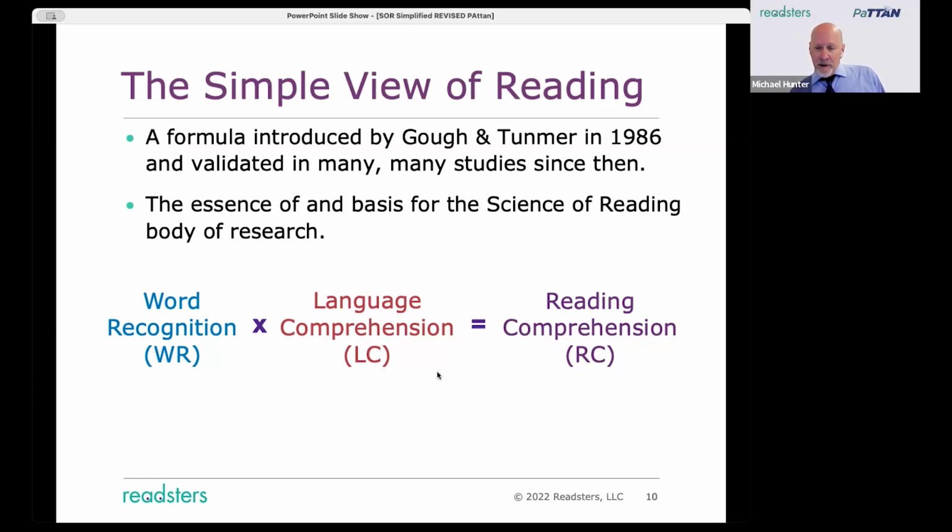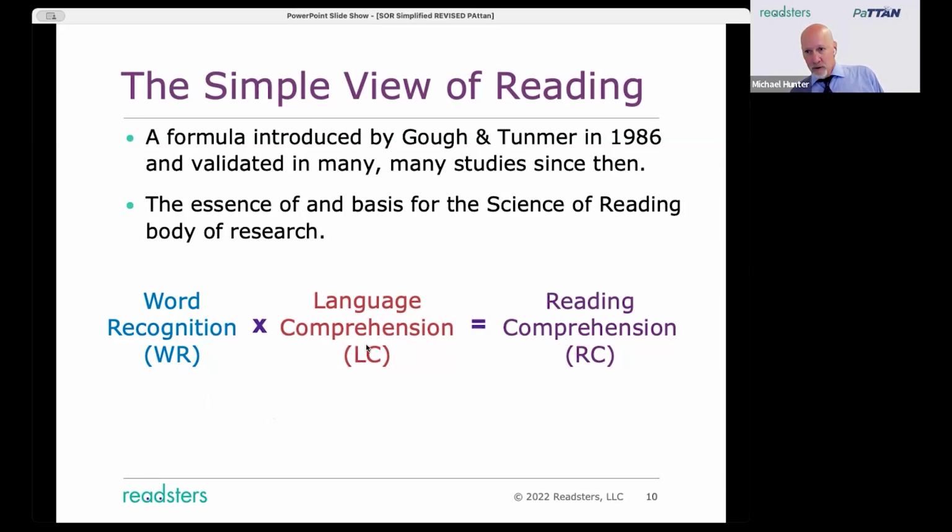And I do see occasionally now in discussions going on in the reading world that, because we've made this or are making this shift to what's called the science of reading, people tend to think science of reading is only the word recognition side, and it is not. There's a huge body of research on the language comprehension side, and that's still growing and will continue to grow. And the science of reading is about good reading, which involves both sides.